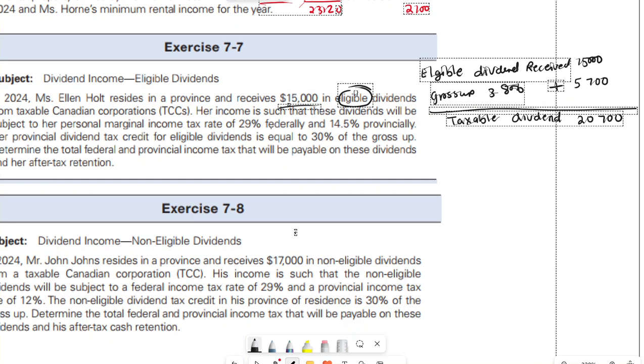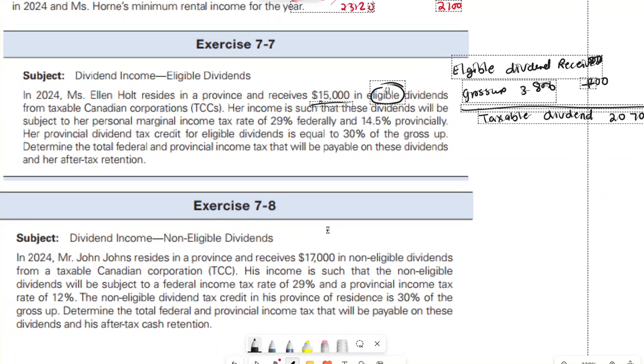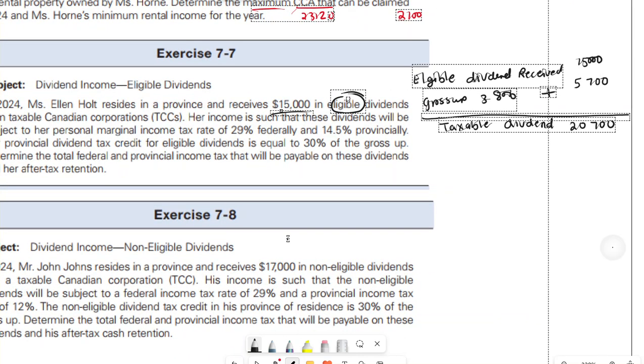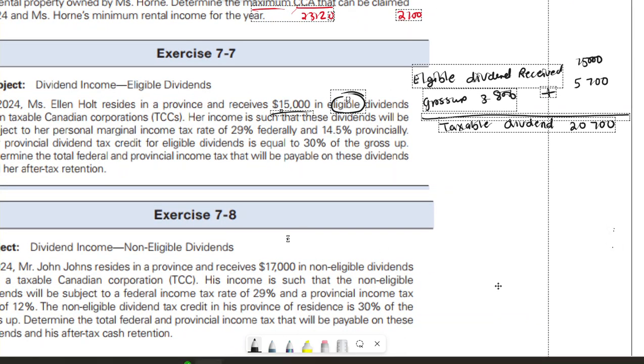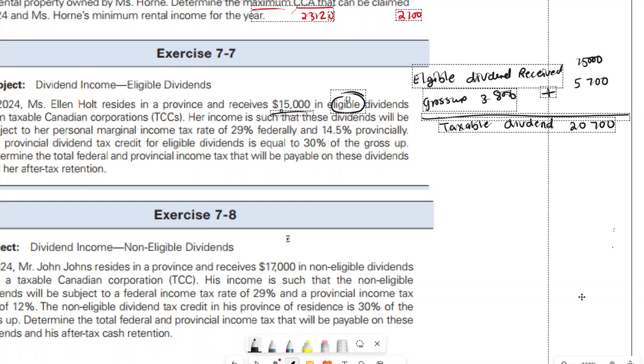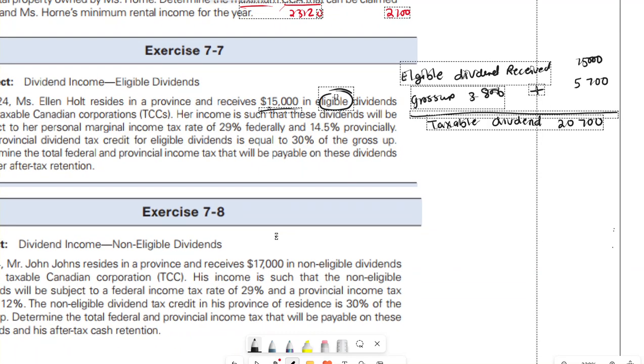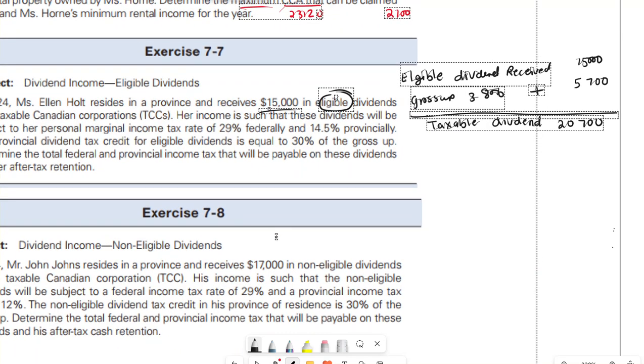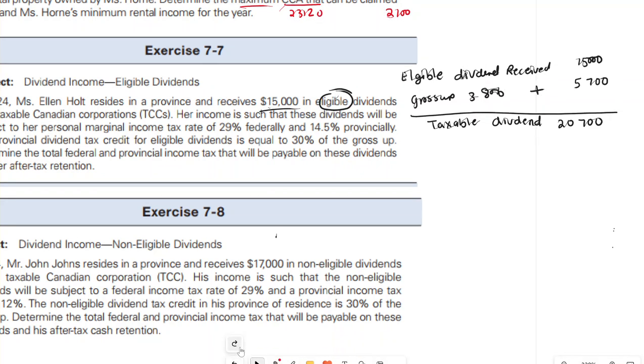Every individual is in a different tax bracket. So we pay federal tax, and we pay provincial tax, depending on the bracket you are in.